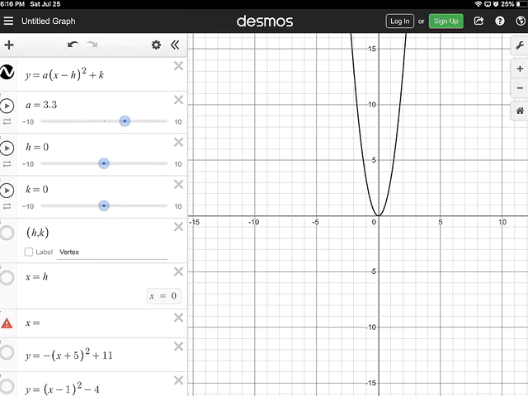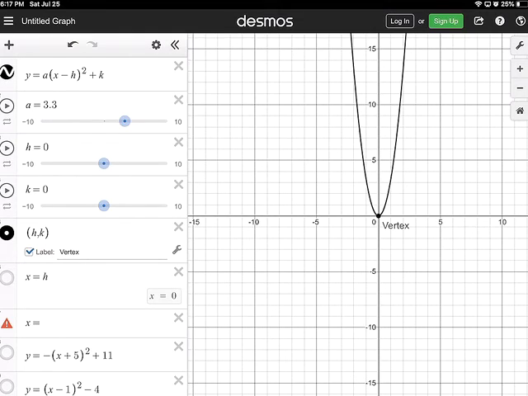So a is our leading coefficient. It serves kind of like the slope. If it's positive, it opens up. It goes up ultimately. If it's negative, our graph opens down or goes down. And that's how we can determine from looking at the graph or looking at this particular item as a max or a min.